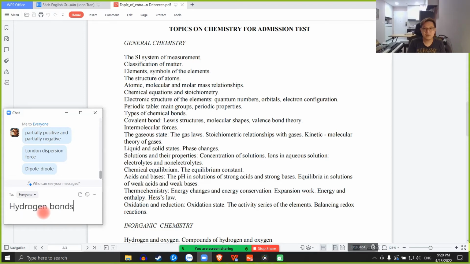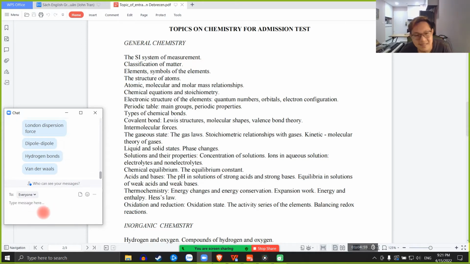That's all I know. How about van der Waals? I think van der Waals and London dispersion force are basically the same thing. Yes. Same. Alright, so how about the strength of these forces and how they are formed?